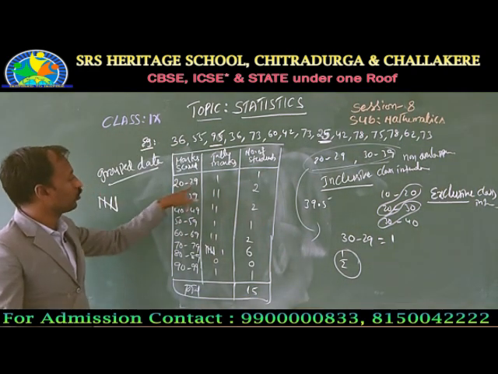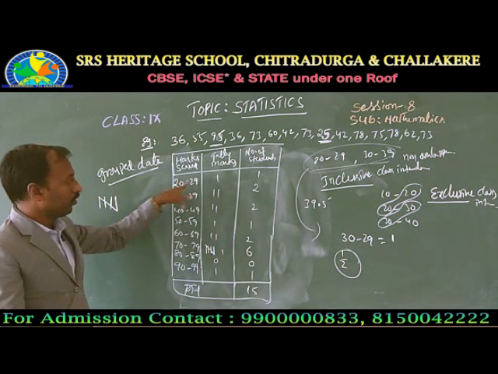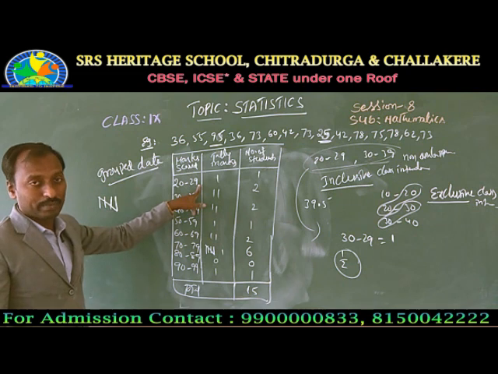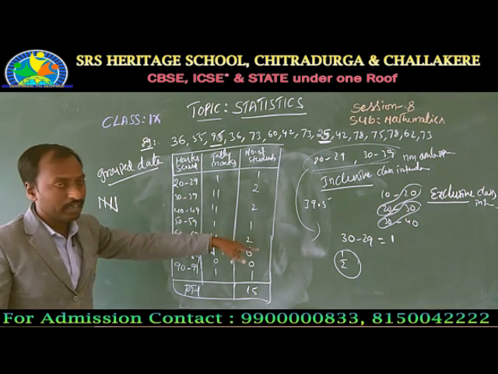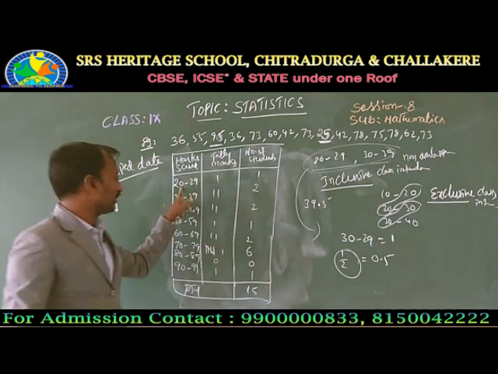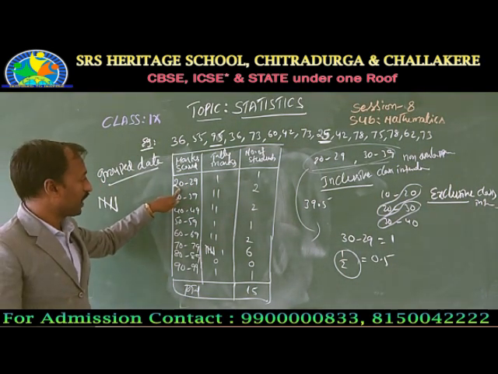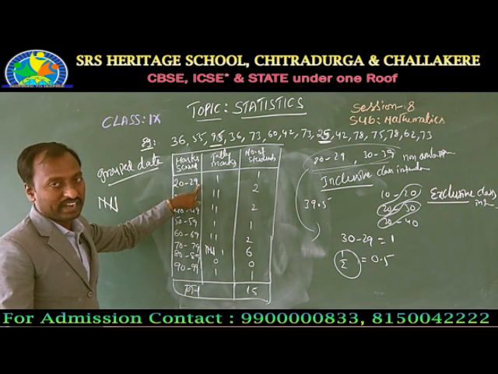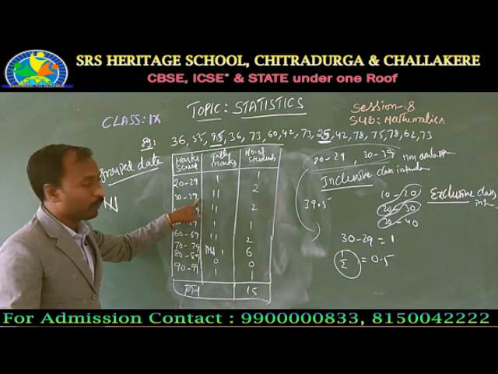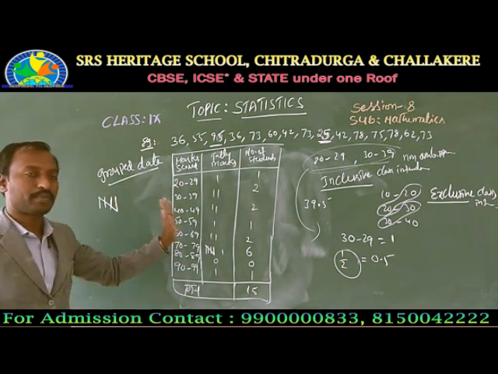Suppose this is 20 to 29. 1 by 2 is subtracted from 20, and 1 by 2 is added to the upper limit. 1 by 2 is nothing but 0.5. So convert these classes into exclusive: 0.5 is subtracted from here, 0.5 is added. Upper limit addition, lower limit subtraction.